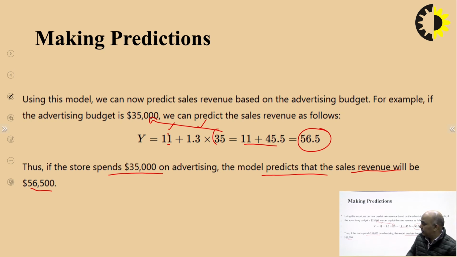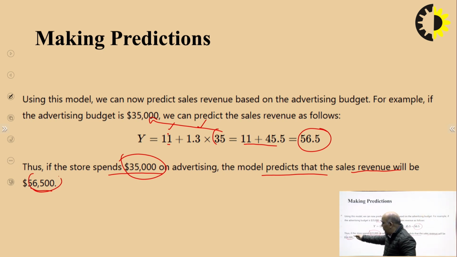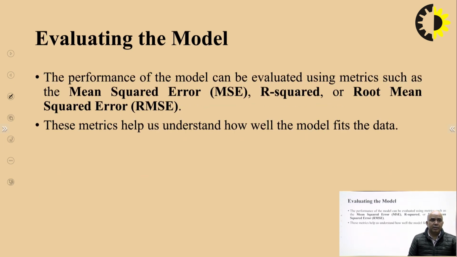If the store spends $35,000 on advertising, this model predicts that they will receive 56,500 as revenue. So this is the linear regression model, where continuous or numerical data is used for predicting outcomes.